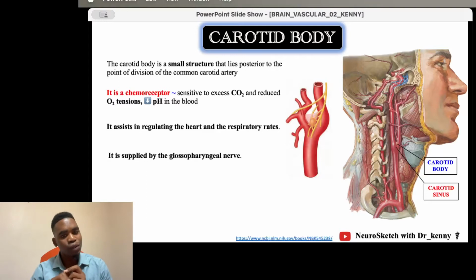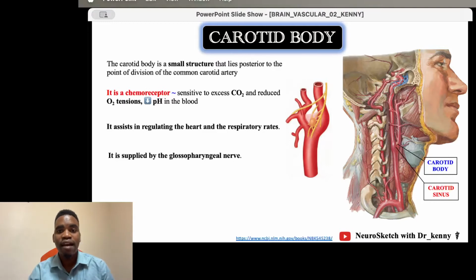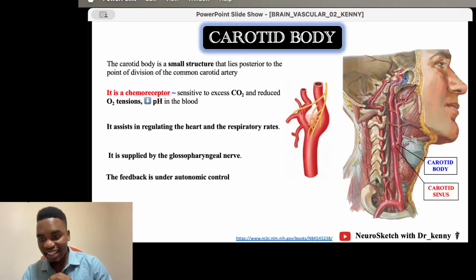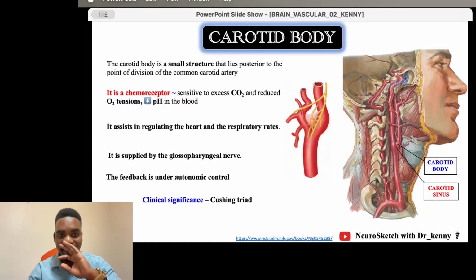The information is also carried by the glossopharyngeal nerve from the carotid body to the brainstem. But the response will be under autonomic control, whether to increase or to decrease. That will be sympathetic or parasympathetic. And lastly, this is what forms the basis of the Cushing triad.